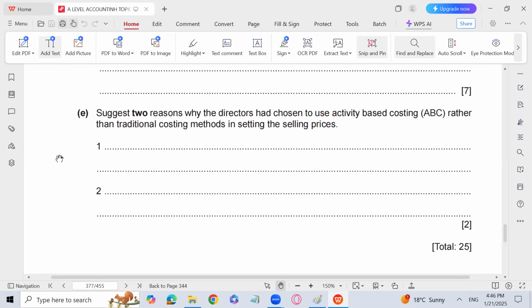And when you have a high percentage of overheads in relation to direct cost, then activity-based costing is a better measure, right? And when different types of products are also used, then again activity-based costing is a better measure to apportion overheads in comparison to traditional costing method or absorption costing method, because both the things are basically the same.